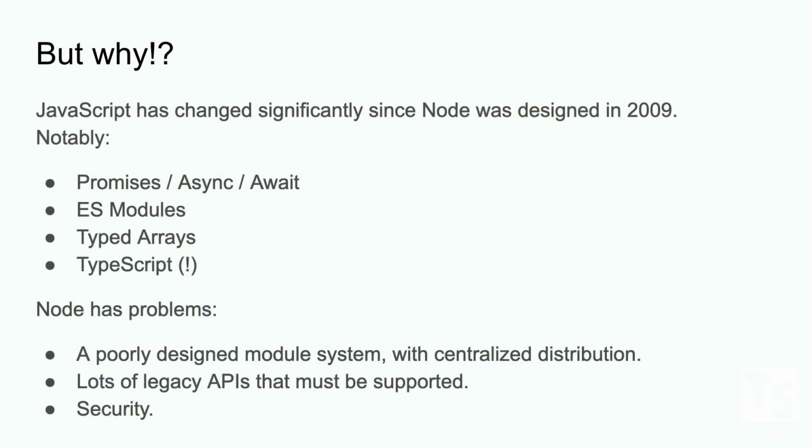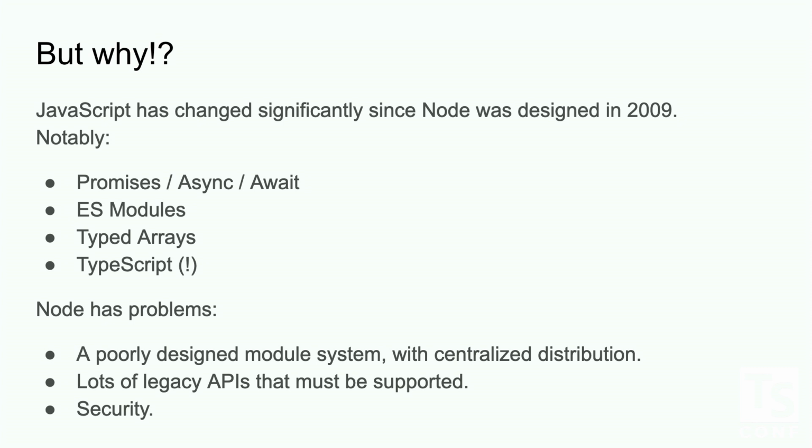So naturally, the question is why would you want to do this? Node is working, and why rewrite this? And I would just say that a lot of things have changed in JavaScript since 2009. Namely, the async await stuff in promises is now standard in JavaScript, and JavaScript has a new module system, this ES module bit.